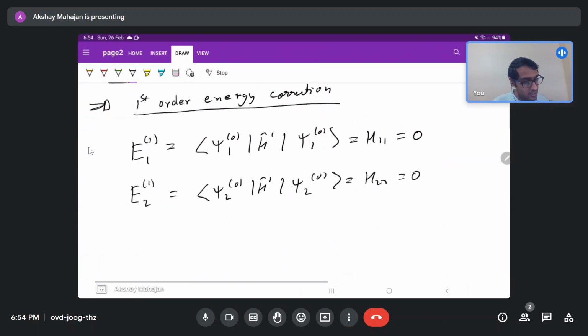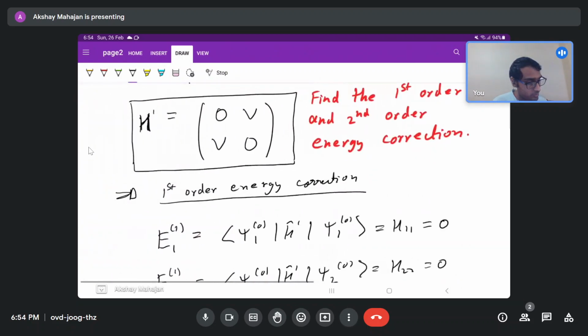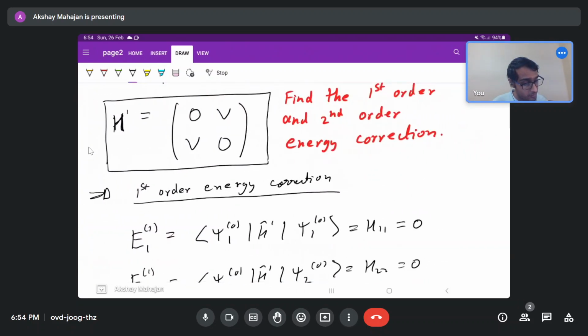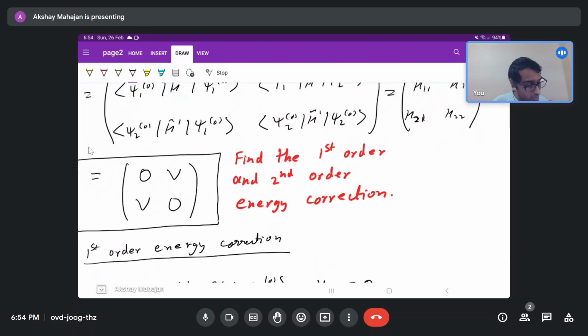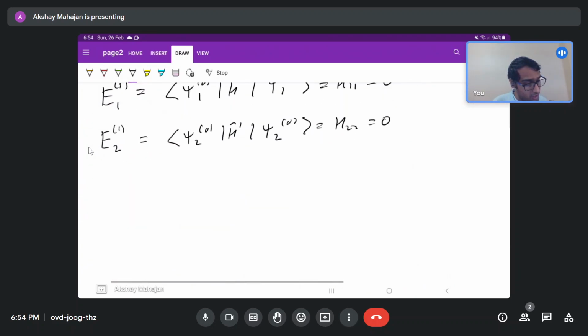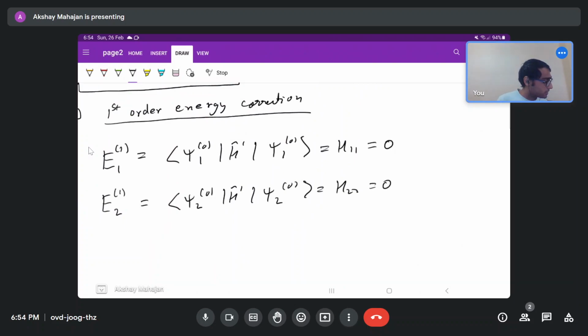So what we are seeing is that there is no first order energy correction because of this kind of perturbation. If you have this kind of a constant perturbation where your diagonal elements are 0, then you have no first order energy correction. The first order energy correction in this case is 0.